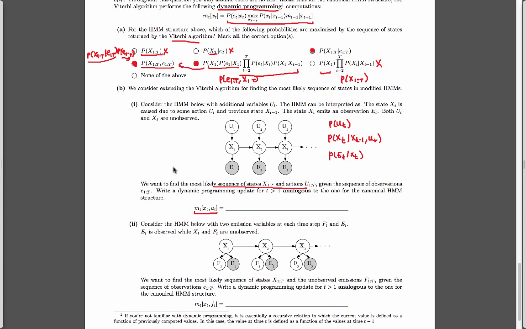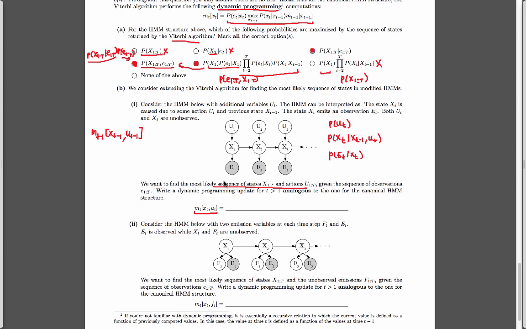So what we're going to start out with is m_{t-1} of x_{t-1} and u_{t-1}. This is going to represent the most likely sequence of states and actions up until x_{t-1} and u_{t-1}, and the probability of those for a particular state-action pair.